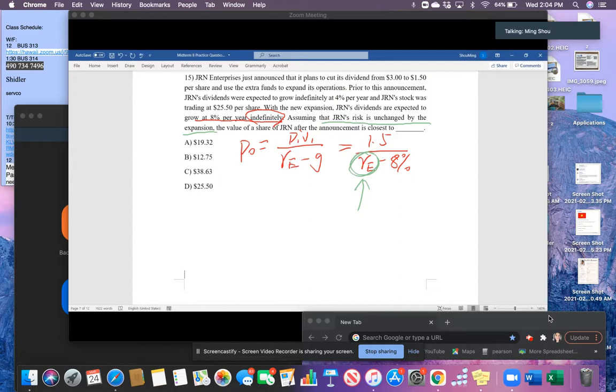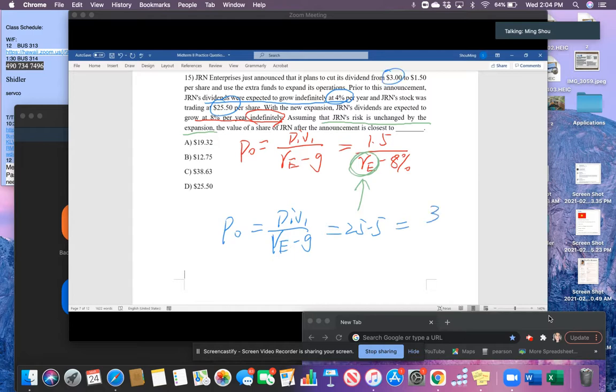So before the announcement, it also says that the dividend will grow at a constant growth rate equal to 4%, indefinitely, right? So again, we can use this formula to figure out the stock price before the announcement, okay? We know that the stock price before the announcement equals $25.5, right? We already know that, it's given information. And we also know the dividend before the announcement is $3.